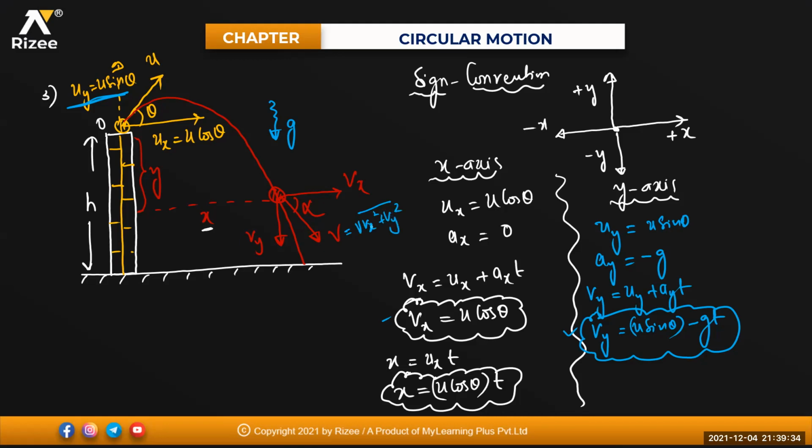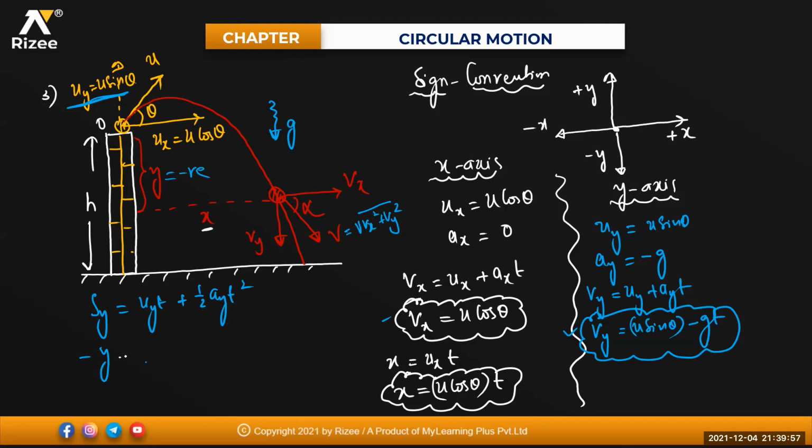Then vertical displacement, I can use the formula Sy is equal to uy into t plus half into ay into t square. Now, the displacement is below the origin, downward direction we take negative. That means it will become minus y.